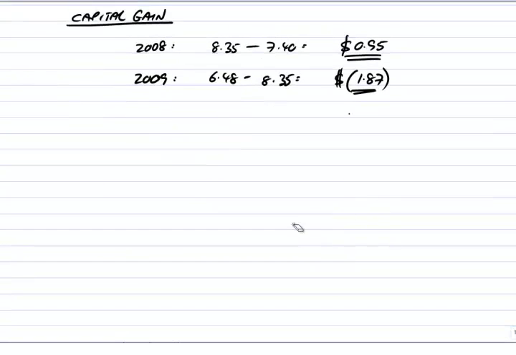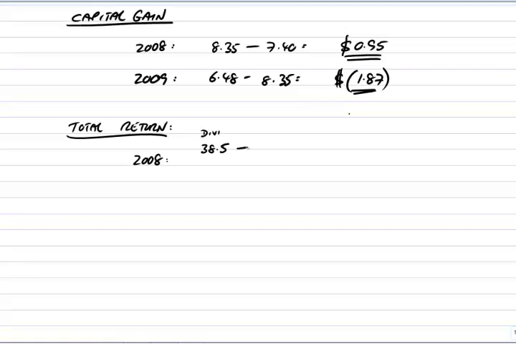Finally, the overall shareholder return, the total shareholder return, is effectively the two together. So in 2008, we got a dividend of 38.5 cents. In addition, there was a capital gain of 95 cents.